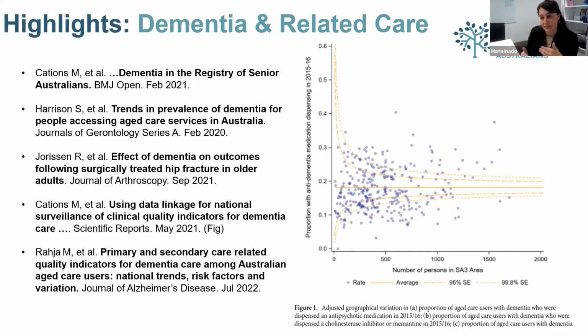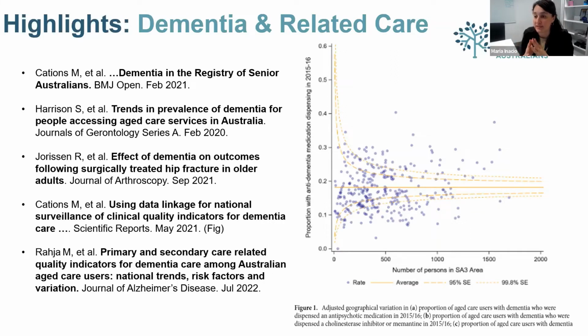So we've done a couple of studies that really characterize that cohort of people in aged care that have dementia. Then we examined different aspects of what the Australian Dementia Network has determined were important in regards to their quality of care. For example, we examined the use of anti-dementia drugs on these individuals.